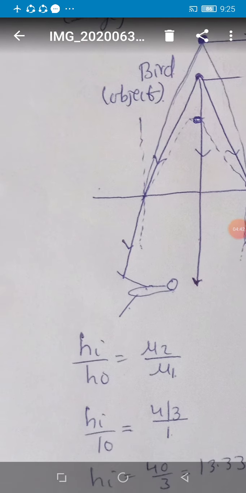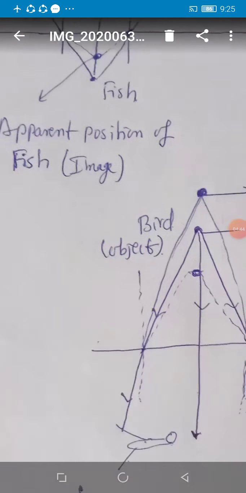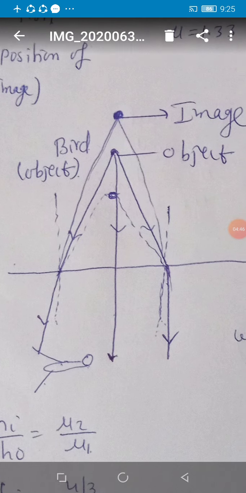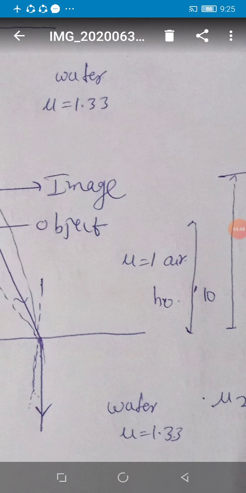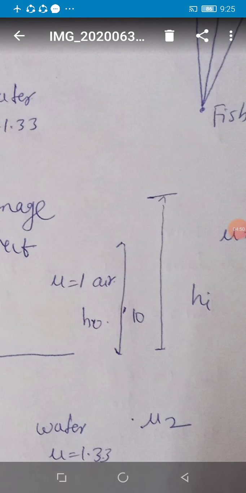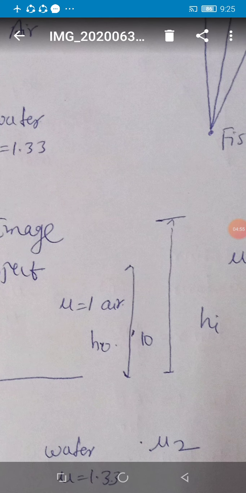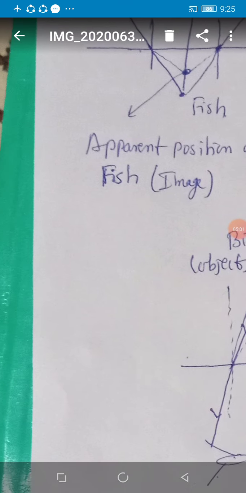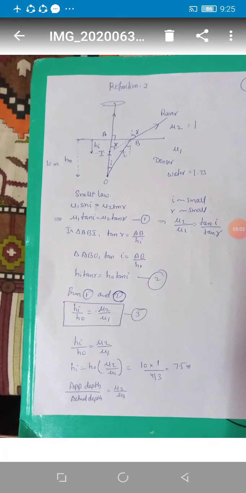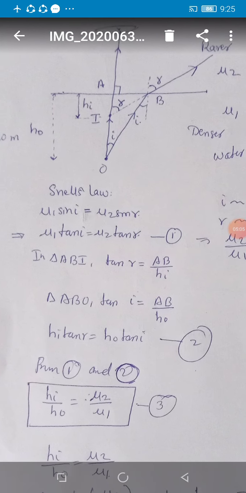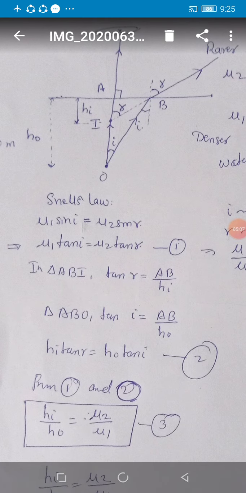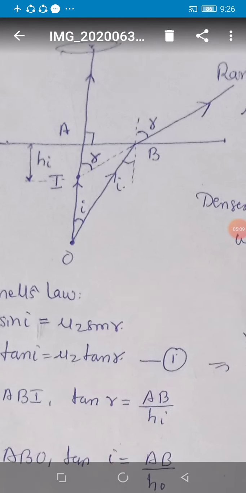Now student, see this position where the image is. I am taking the height of the image as hi, and where the object is, I am taking as the height of the object. I am measuring it from the interface, the height of the image and the height of the object. Now see student, again I have drawn the figure.